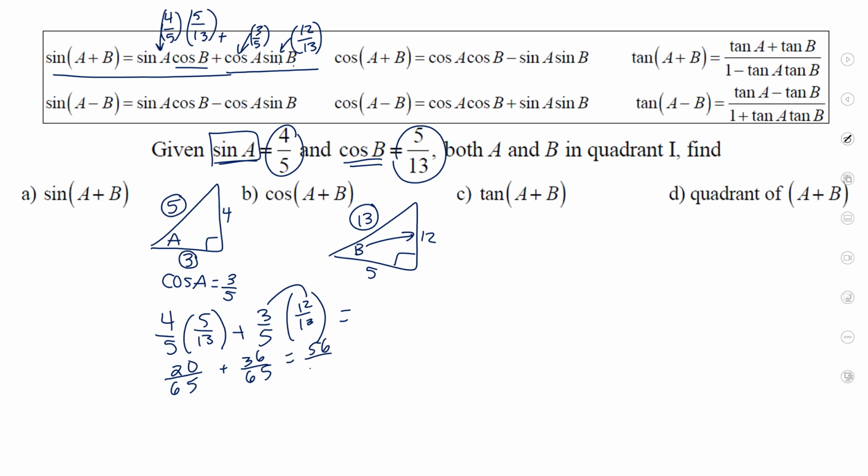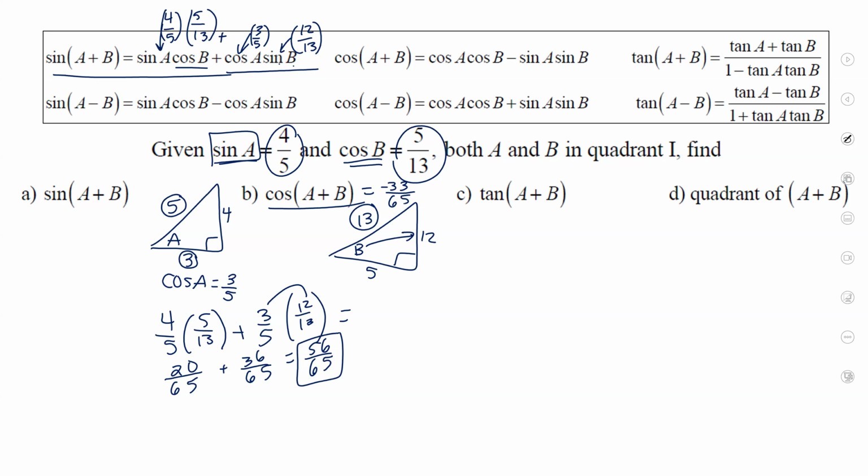So 56 over 65. So that's what sine is equal to. Those of you guys who did cosine of A plus B, what did you guys get? That's correct. Yes. This is negative 33 over 65.